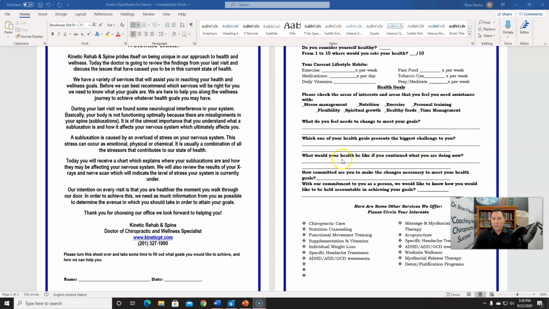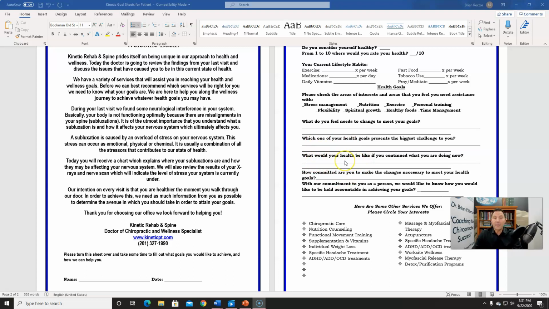So again, what would your health be like if you continue to do what you do? Sometimes I spell it out again, like I just shared with you. Sometimes it's, "I would be terrible. I would die early. I would die like my so-and-so." I ask them to explain that to me. I want them to feel what they're saying.